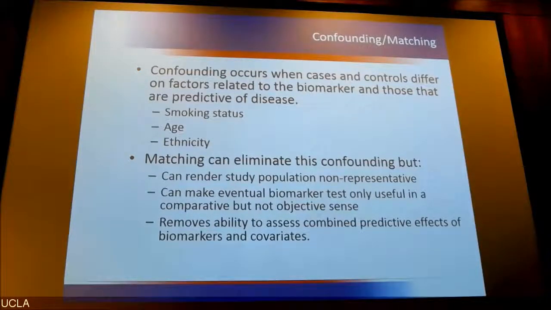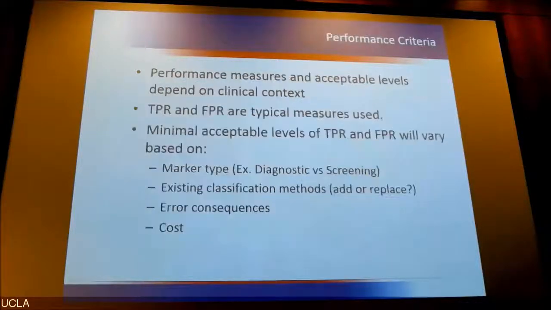With subject matching, we also remove the ability to assess the combined predictive effects of biomarkers and covariates. So we have to consider demographic and confounding characteristics, but matching on those characteristics can be very troublesome for the creation of an eventual predictive biomarker study.